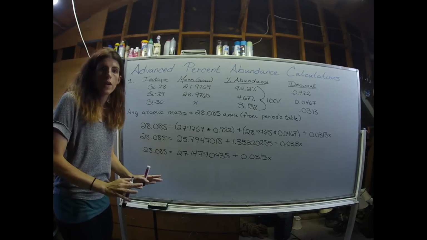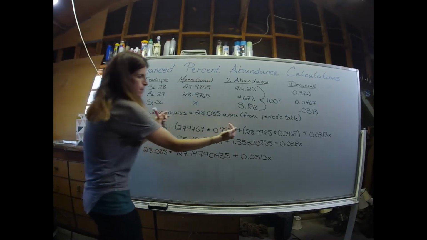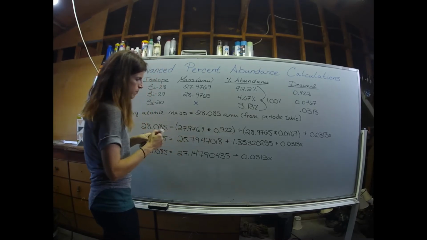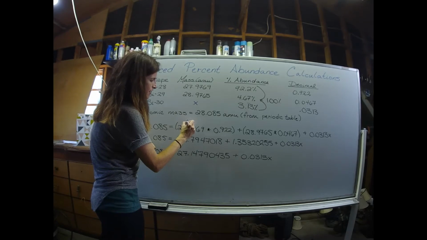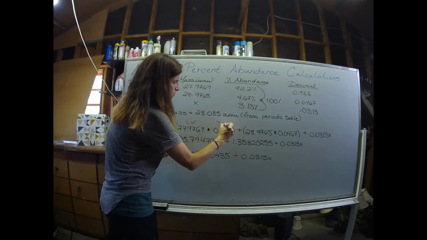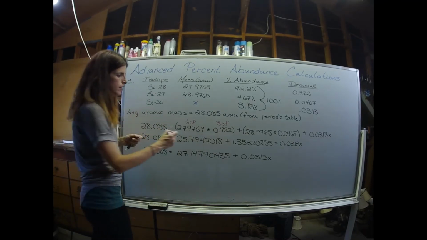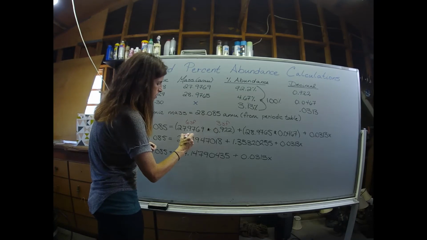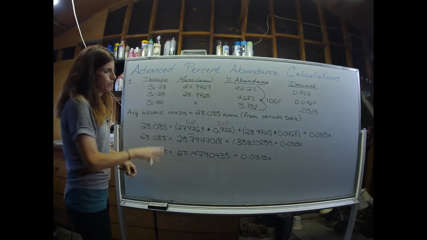Let's look at what's going on with our sig figs. The first step inside the parentheses was multiplication. Here I have 1, 2, 3, 4, 5, 6 sig figs, and here I have 3 sig figs. So my result, after I multiply, is going to be cut down to 3 sig figs. So we use that bar again. Remember, we're keeping the whole number till the end of the problem.